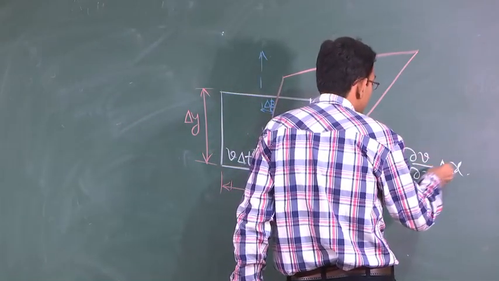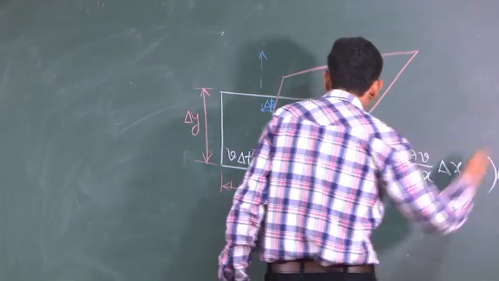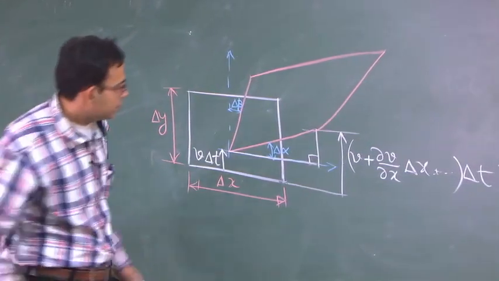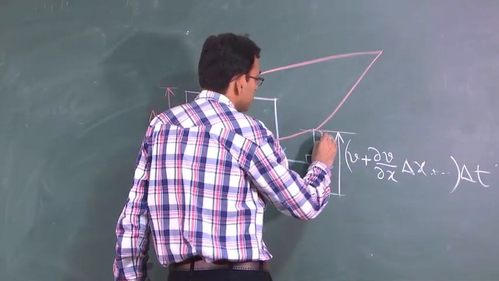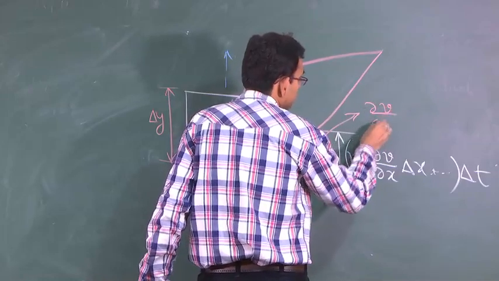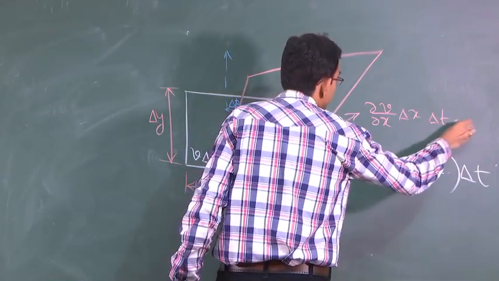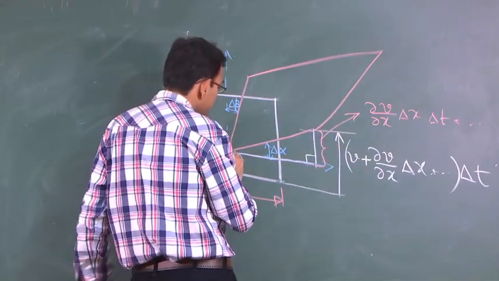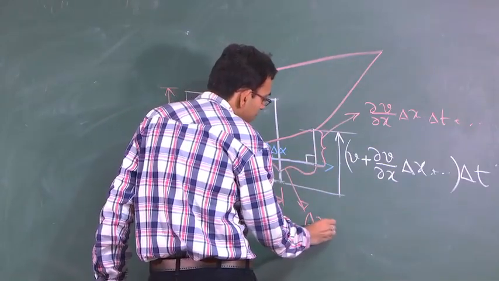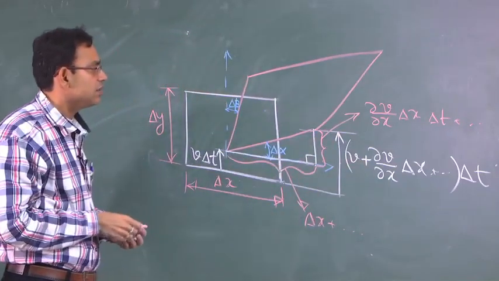So, v plus del v del x into delta x plus higher order terms, into delta t. So, what is this much? This much is the difference between these two. And what is this much? This is delta x plus higher order terms, delta x plus the change along x.